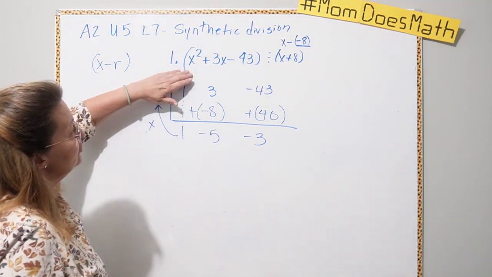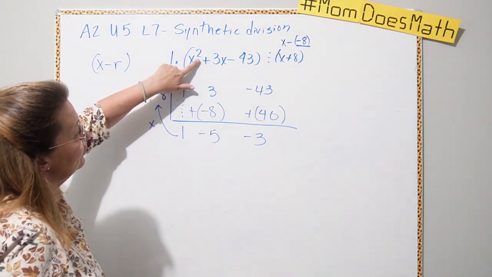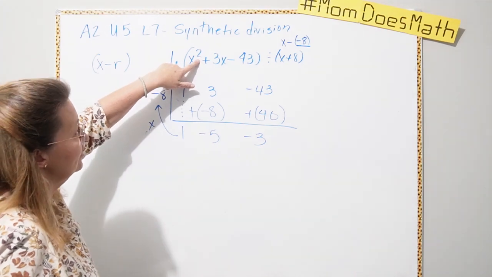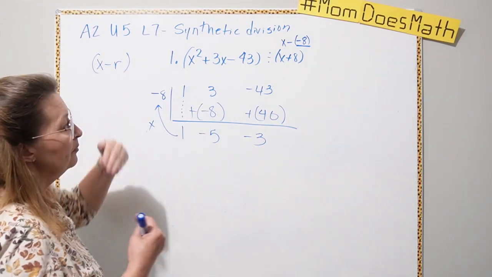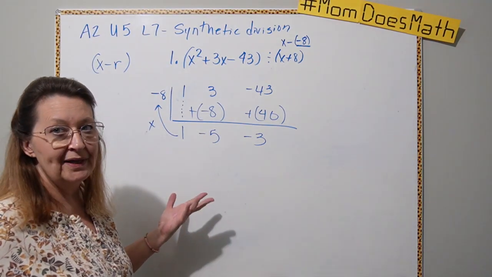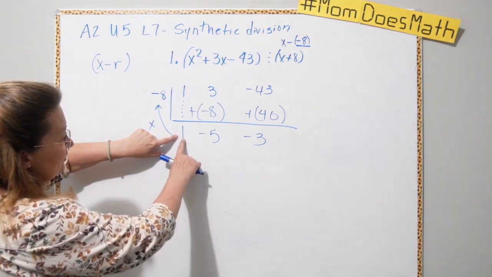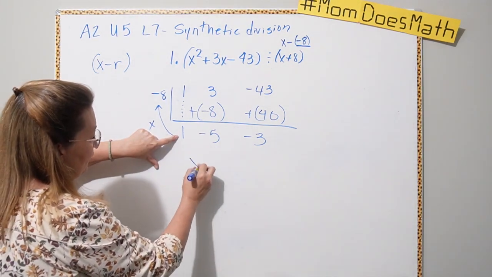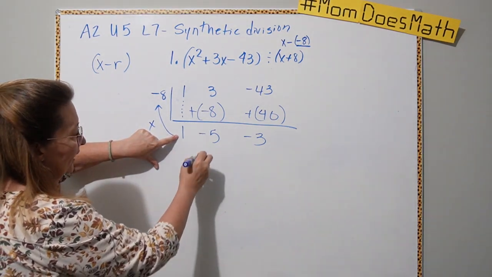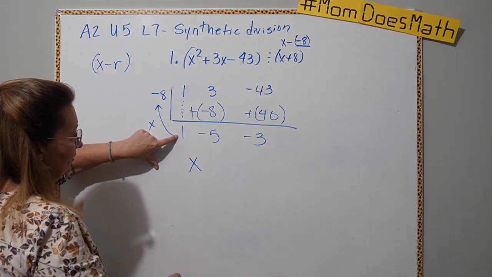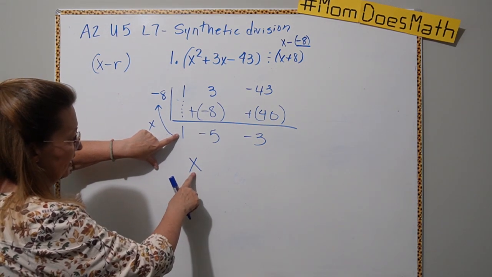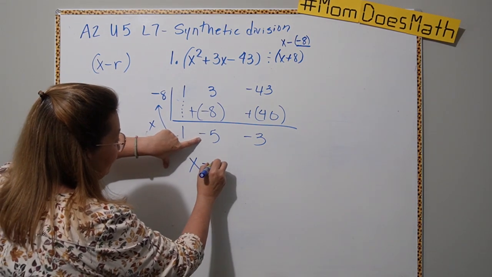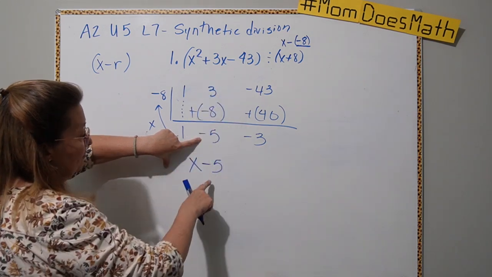Go to your original dividend, and we're going to look for the highest exponent, the leading exponent, which was 2, and we're going to back it up 1, which would just be x, right? This is going to be the coefficient, so I don't have to put the 1, I don't have to put the 1 exponent. 1 refers to just x. Then -5 would be my constant term.